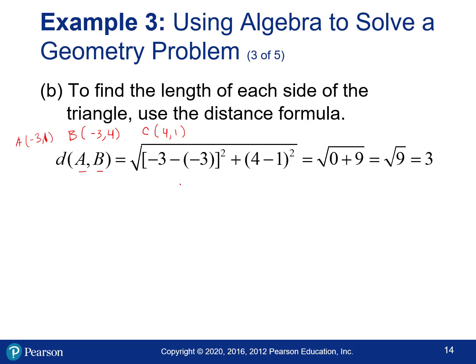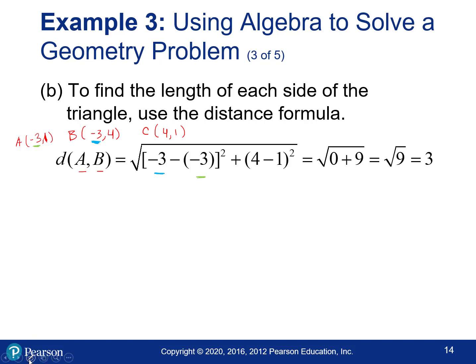Alright, so finding the distance between A and B, let me color coordinate some of this for you so you see it more clearly. This is x2 minus x1. So x2 is technically this one here, minus x1, which is this one here. So -3 minus -3.